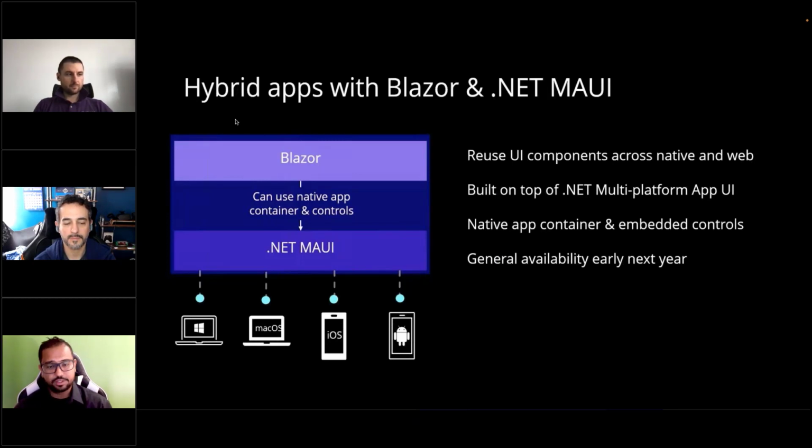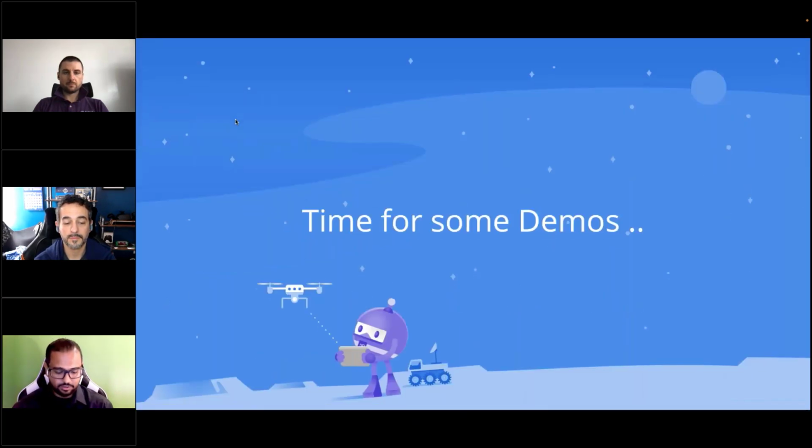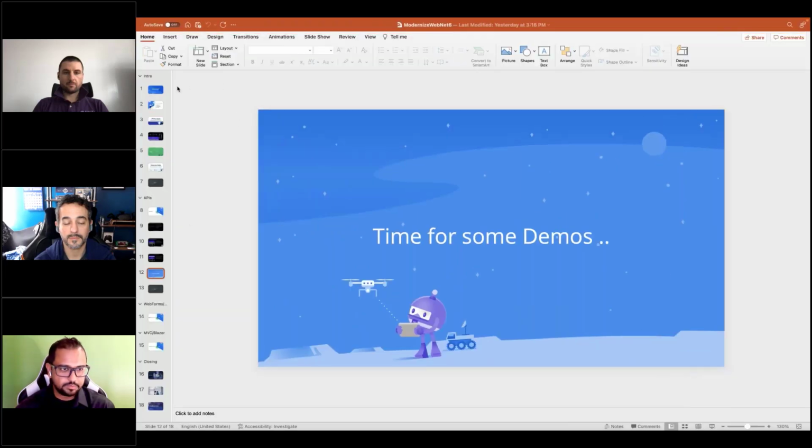All of your Blazor components, your routing, all of it starts working from a native standpoint, which is really exciting. Ed's going to show you more about this. These are the things that I am into as a native developer, and I find this exciting. So let me show you that real quick, and then we'll switch gears.